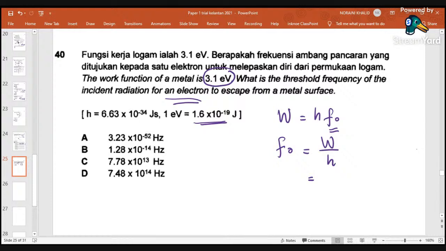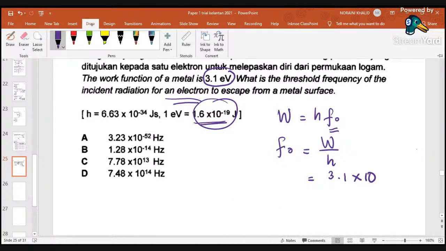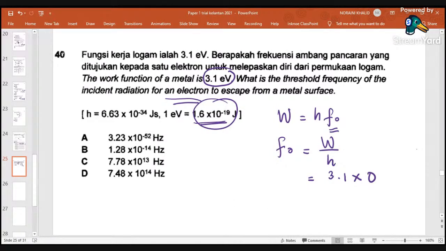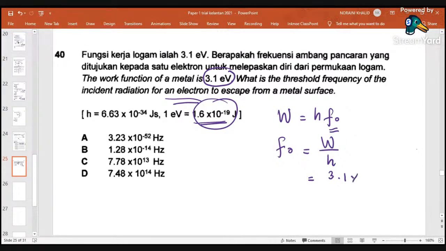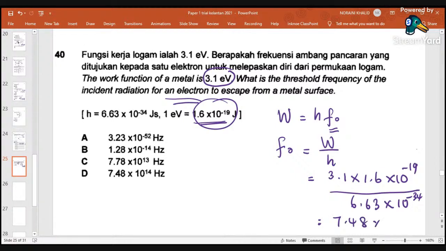The work function you need to convert to joule. So 3.1 eV, you just multiply with this value. Then divide by the Planck constant. Okay, so you will get the answer 7.48 × 10 power.